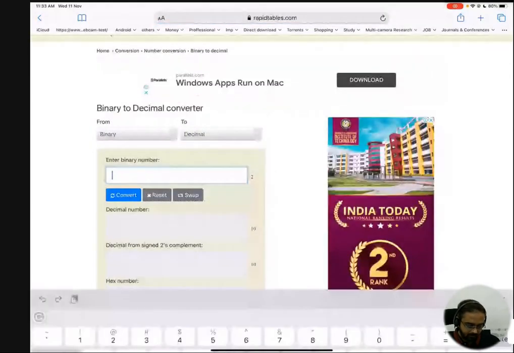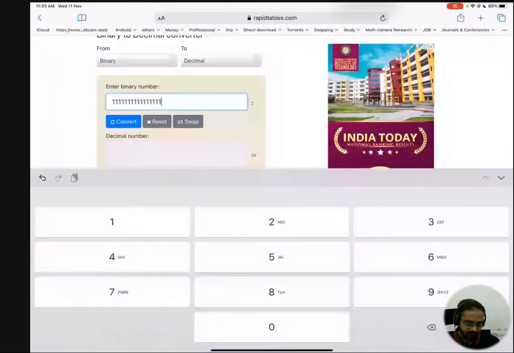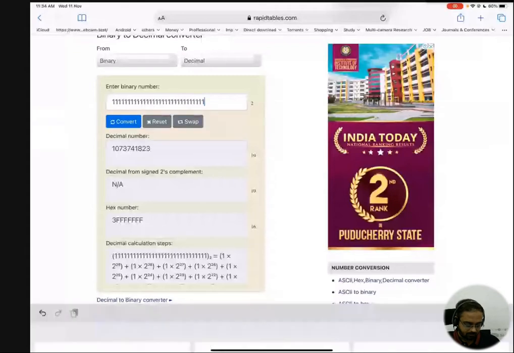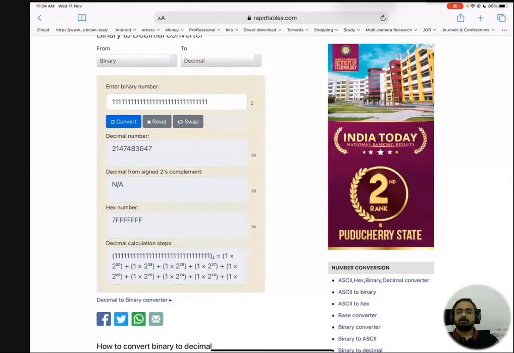Let's write 1 2 3 4 5 6 7 8 9 10 11 12 13 14 15 16 17 18 19 20 21 22 23 24 25 26 27 28 29 30 31. Convert. I missed one more 1, I think. Okay, so as you can see, if you convert all 31 bits to a decimal number, this is the decimal number.